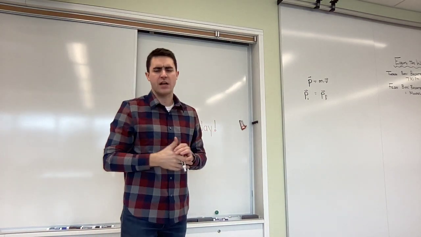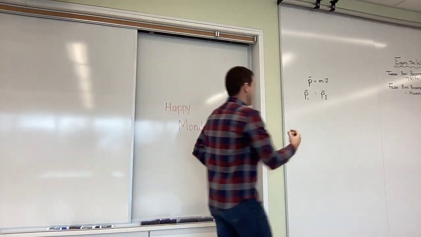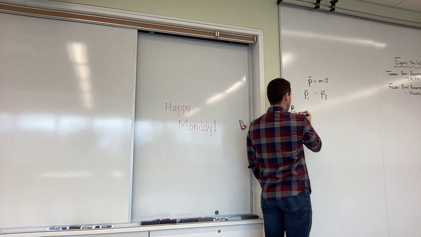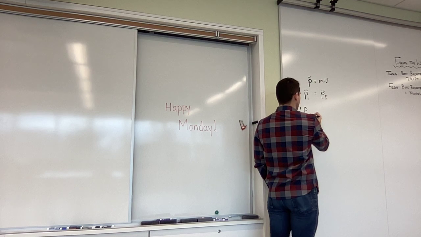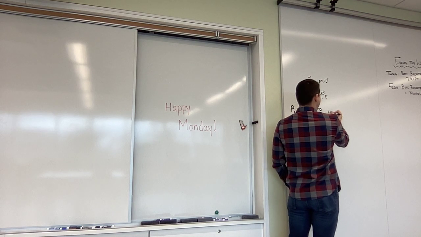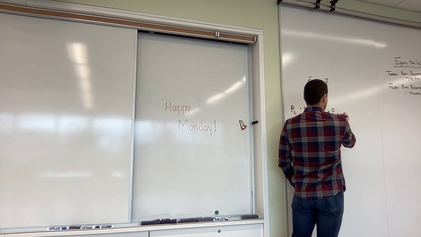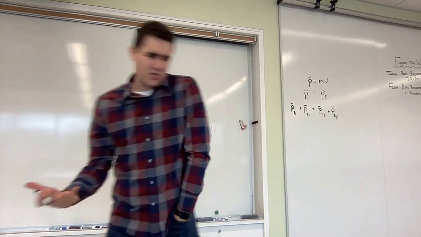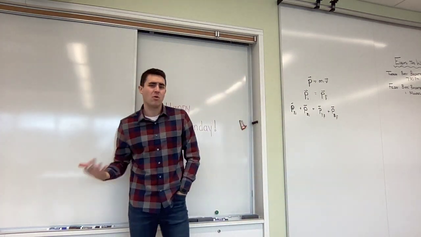So if we think about this scenario, we would think that there's momentum in the yellow cart. Momentum in the yellow cart initially plus whatever momentum is in the blue cart initially should be equal to the momentum in the yellow cart after a collision plus the momentum in the blue cart after the collision. Again, all vectors, so direction is going to matter. So I need to think about, okay, what makes up momentum?